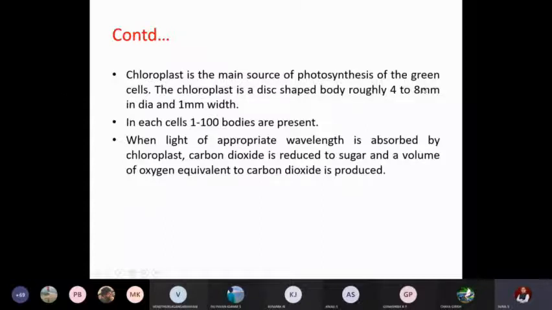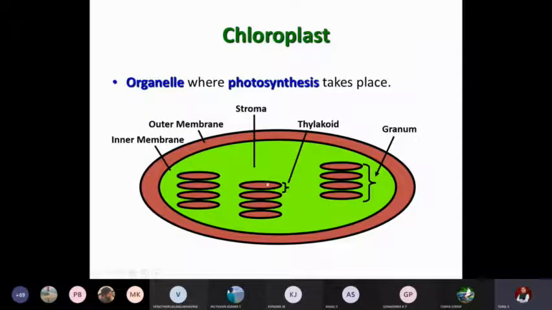It is the main site of photosynthesis in green plants. It has disc-shaped bodies which are 4 to 8 mm in diameter and 1 mm in width. Each chloroplast consists of 1 to 100 such bodies. As you saw here, the disc-shaped structures are called thylakoids, and a set of thylakoids we call a granum.